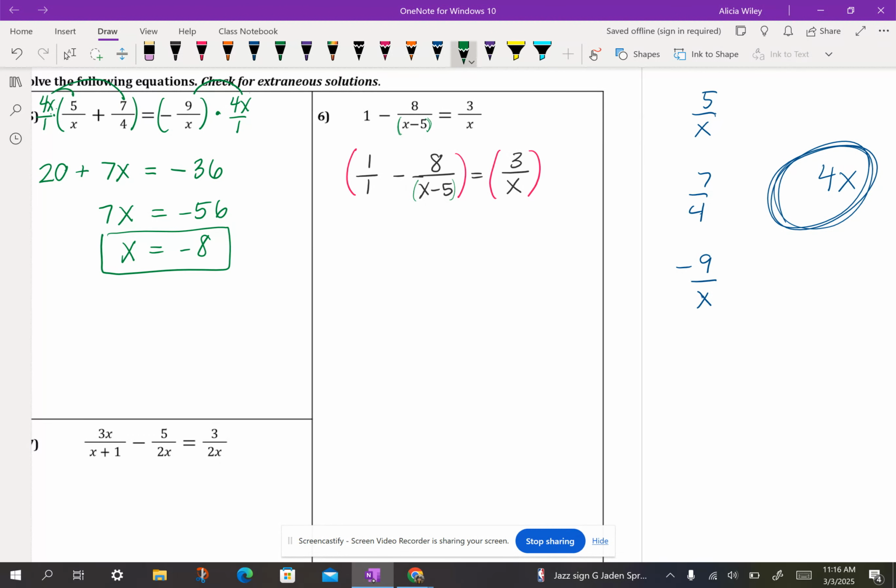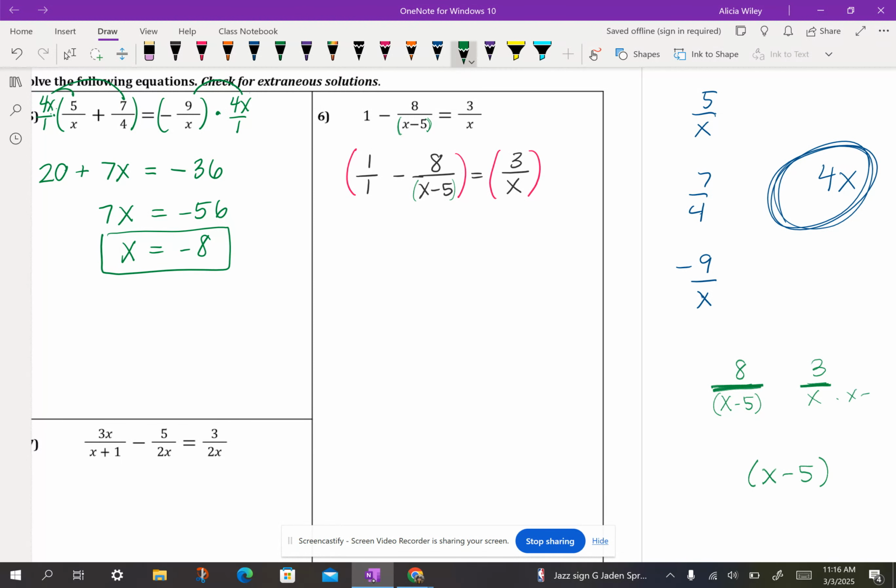So if we have an 8 over x minus 5 and a 3x, that means that this one has an x minus 5, so this one would need an x minus 5. So that means it's going to be part of your common denominator.